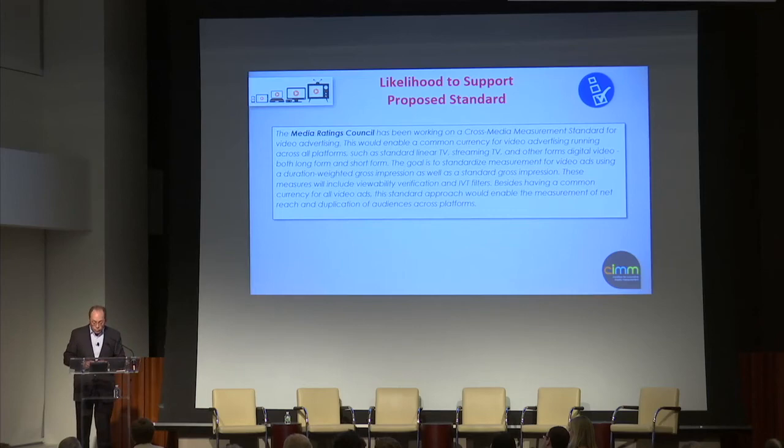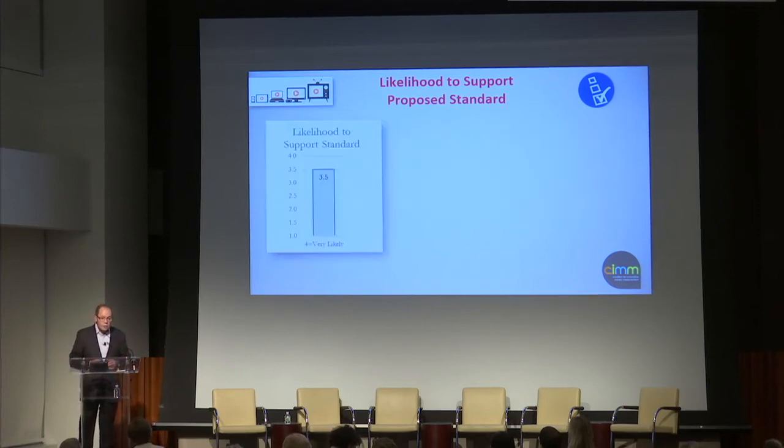Now, this is where I introduced the final 4-point Likert scale question to address the likelihood to support this standard going forward. And the score was a 3.5 overall. And this was comparable to the average agreement score that we saw for the other question. It's critical that the advertising industry have a standardized currency for video advertising across all platforms.